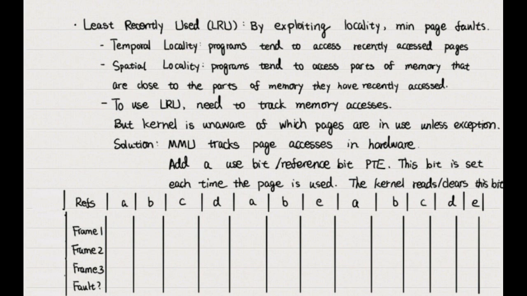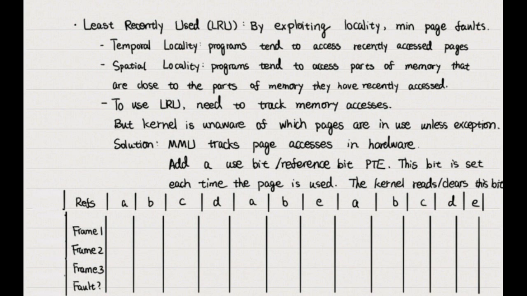Temporal locality means that programs are more likely to access pages that they have already accessed recently than pages that they have not accessed recently. Spatial locality means that programs are likely to access parts of memory that are close to parts of memory they have already recently accessed. To exploit locality, the kernel must know which pages a program is using.